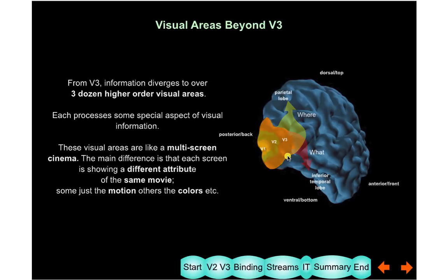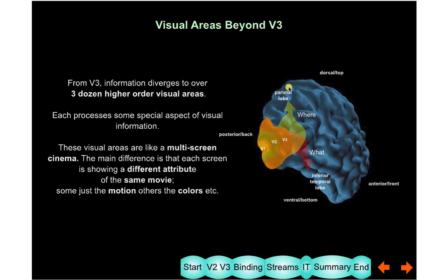And this will probably continue for a long time, I suspect. And these areas go along 2 pathways, something called the what pathway that goes underneath the cortex to the inferior temporal lobe, another one that goes over the top of the cortex to the parietal lobe.